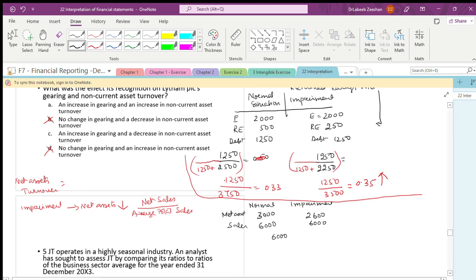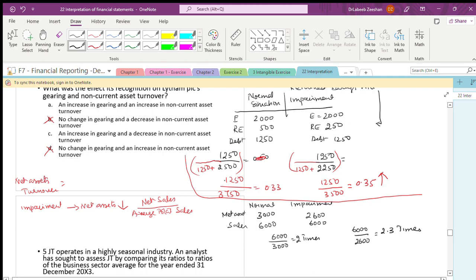6000 divided by 3000. It comes to how many times? 2 times. 6000 divided by 2600 comes to how much? 2.3 times.